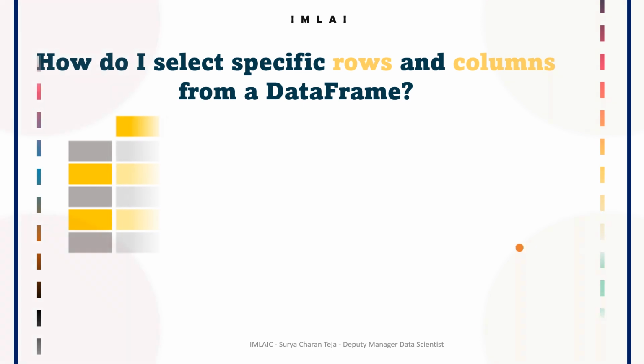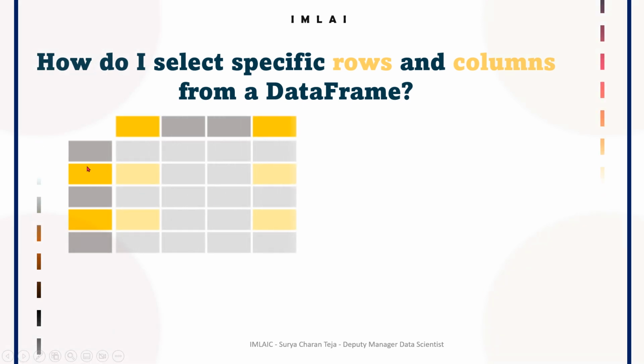So this is our data frame, and out of this data frame I specifically want the values which are intersected by row 2 with column 1, row 2 with column 4, row 4 with column 1, row 4 with column 5. So this is what I want, and I want it as a separate data frame.